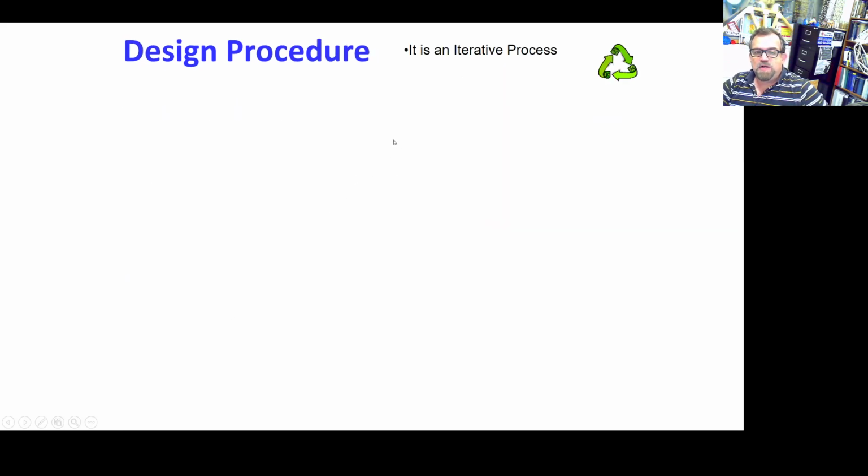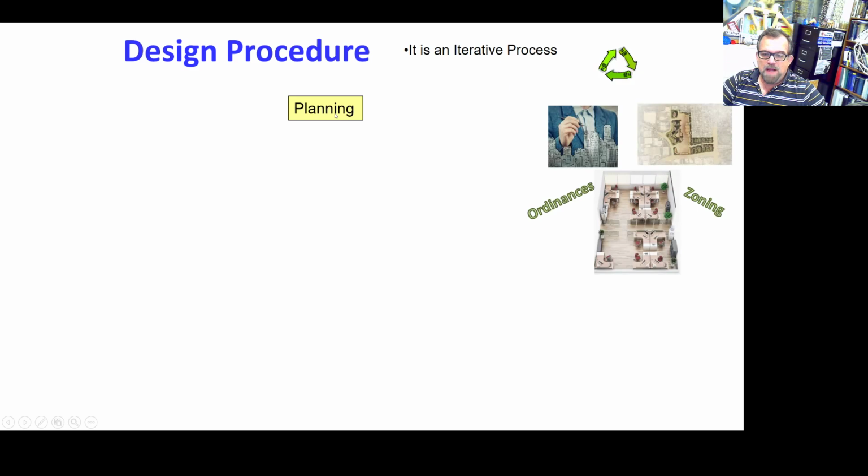So the design procedure starts, if we combine those, by planning. What is planning? Planning is this: oh, I have this lot of land and I want to do something. What can I do there? In that part of planning, once again, the architect plays the fundamental role here.